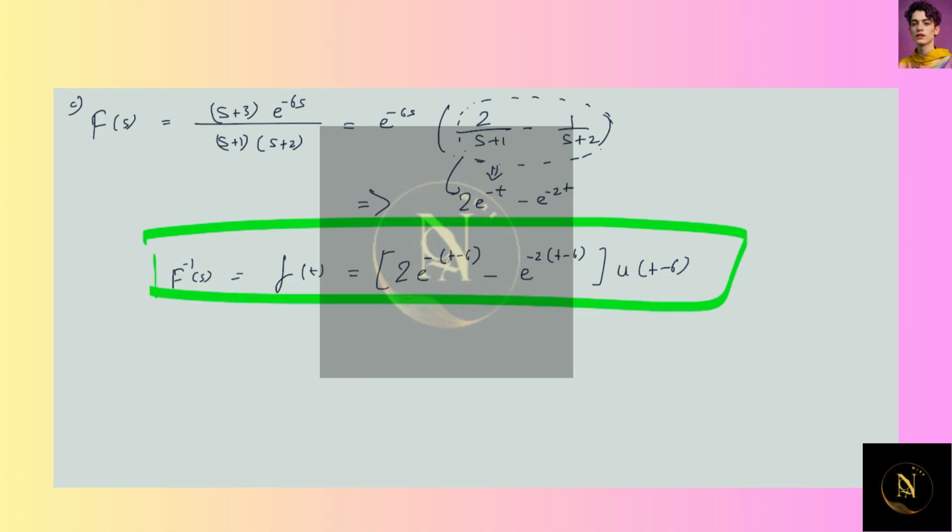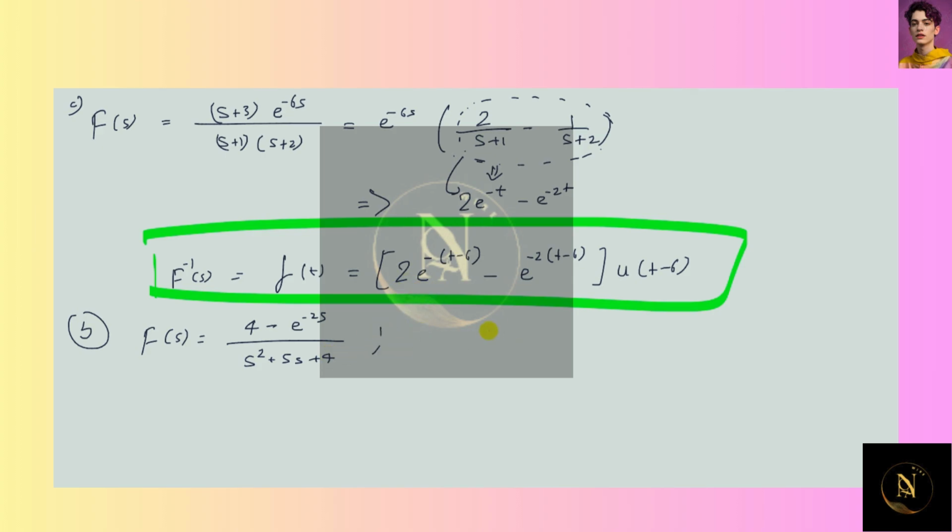Now for part B. In part B we have given F(s) is equal to (4 minus e^(-2s)) divided by (s^2 + 5s + 4).